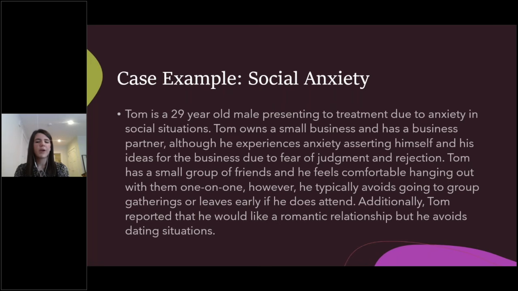However, he typically avoids going to group gatherings or leaves early if he does attend. Additionally, Tom said that he would like a romantic relationship, but he avoids dating situations. Again, these are all examples from pre-COVID, and with social anxiety now, due to COVID, we have to get a little bit more creative with our exposures.